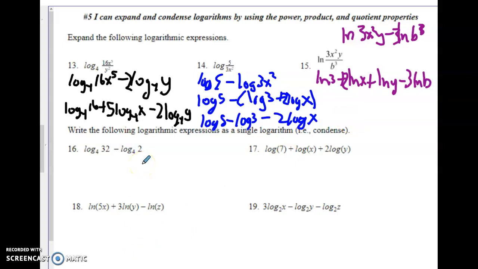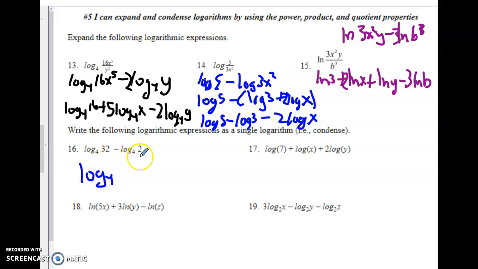Okay, now we're going to write the following logarithm expressions as a single logarithm, or in other words, condensing. So all this we did up here in 13 through 15, we're doing the opposite down here. So the first thing I notice, these are being subtracted, so that means I'm going to divide them. I should also check to make sure they all have the same base, which they do.